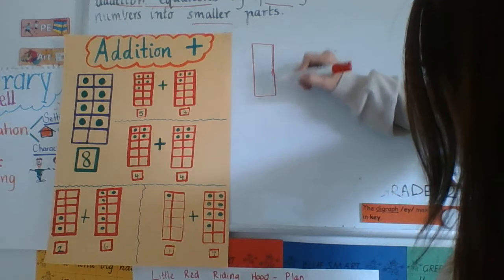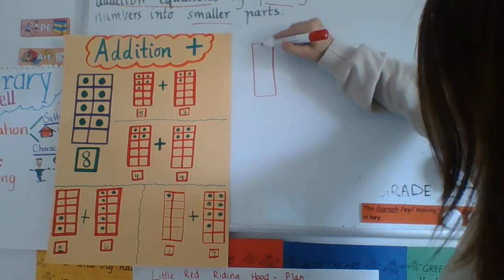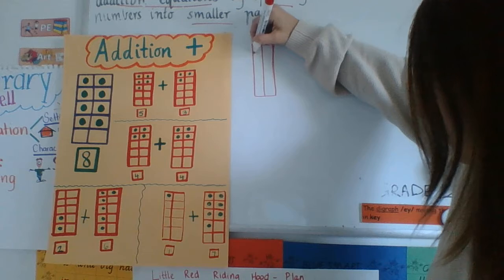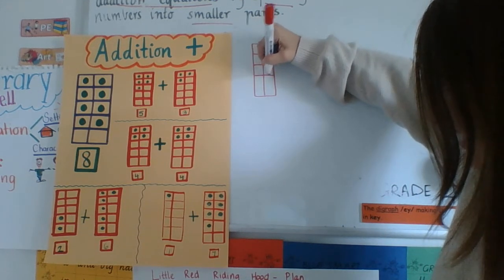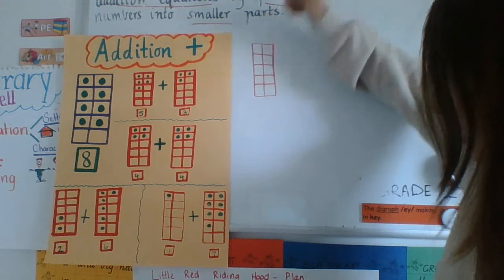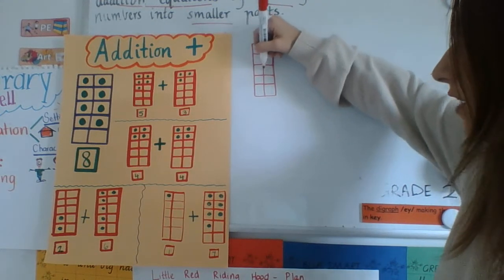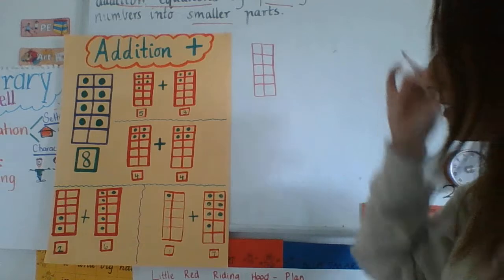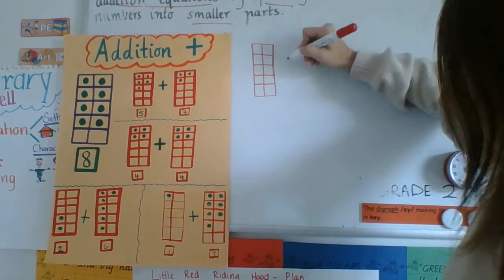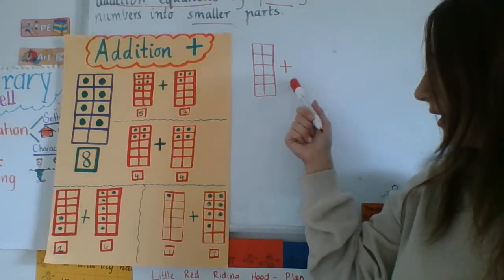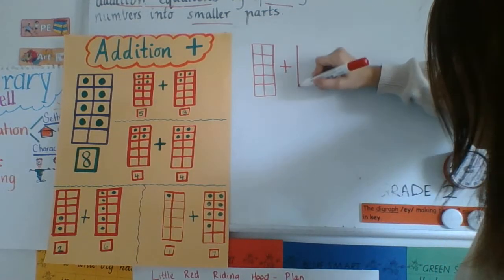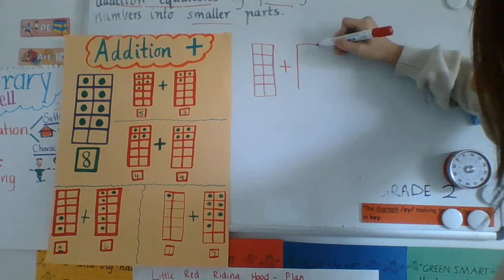Okay, I need to make sure that my tens frame has 10 boxes. 2, 4, 6, 8, 10. 1, 2, 3, 4, 5, 6, 7, 8, 9, 10. Excellent. Okay. And I'm going to draw or write my addition symbol here. Then I will draw another tens frame.